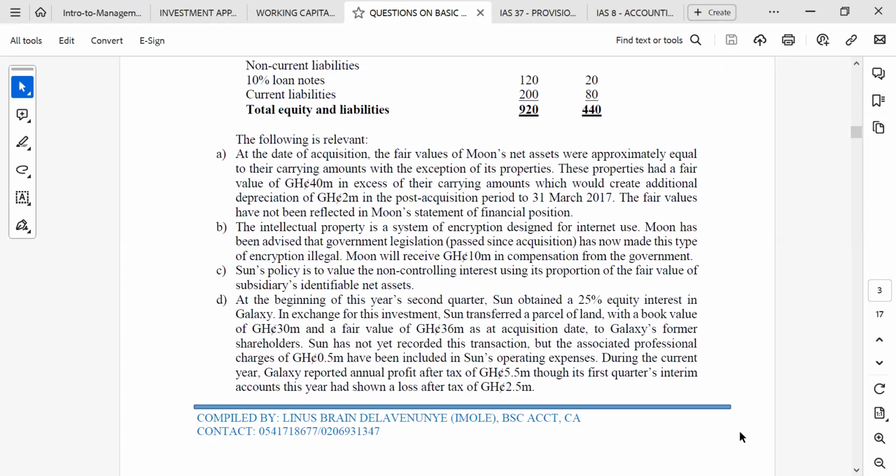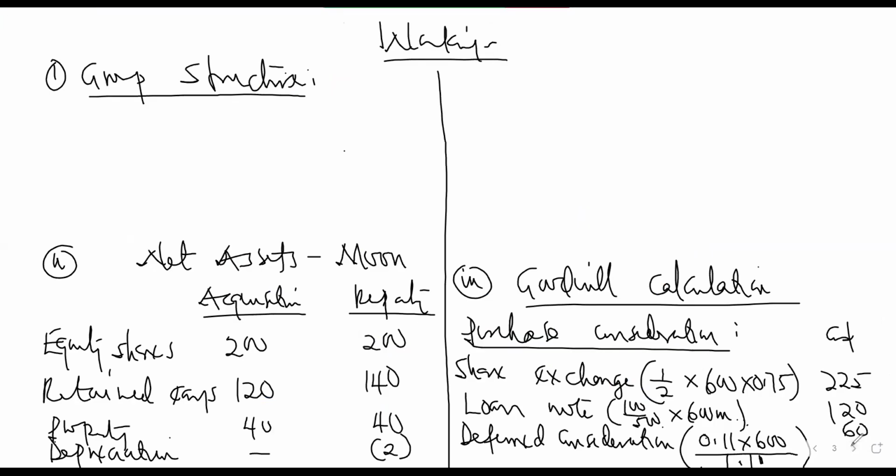When you take the 2 from the 40, you have 38, and then the difference between them is 38. If you are taking the 2 from acquisition to have 38, you cannot put 38 at acquisition.